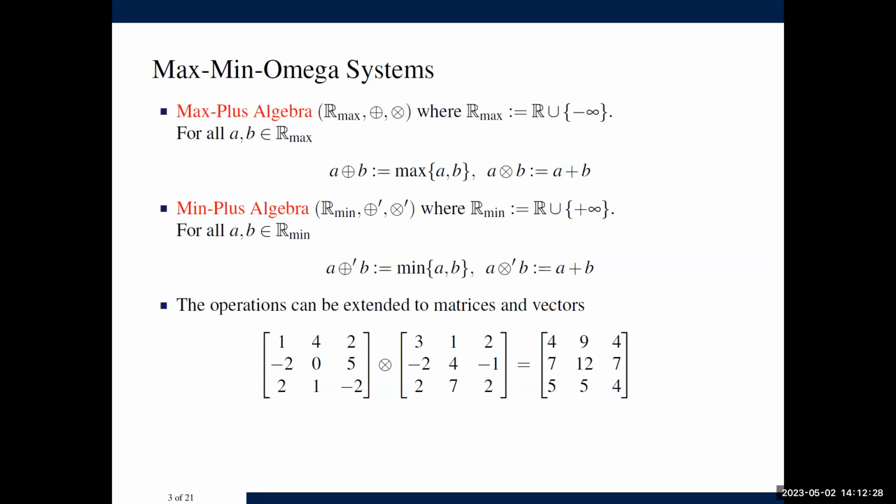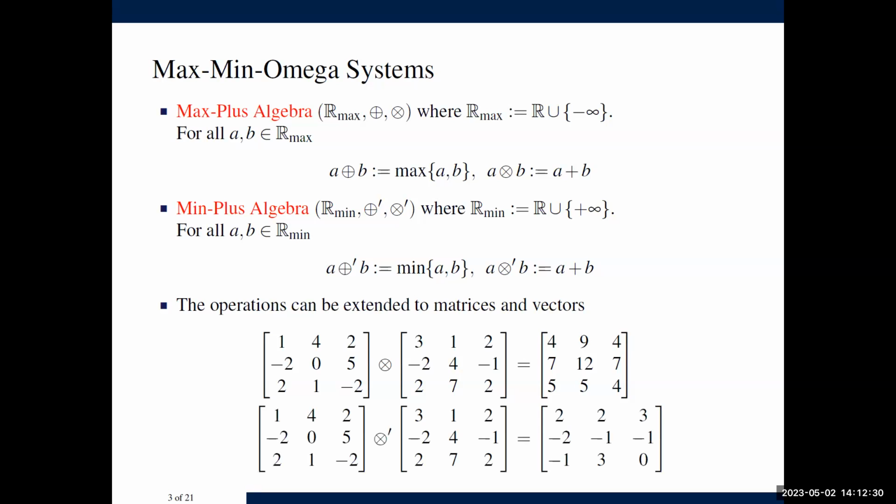And then we do the same for the rest. If we do matrix multiplication in min plus, we do the same, but we take the minimum. That's the idea of extending multiplication from linear algebra to max plus and to min plus.